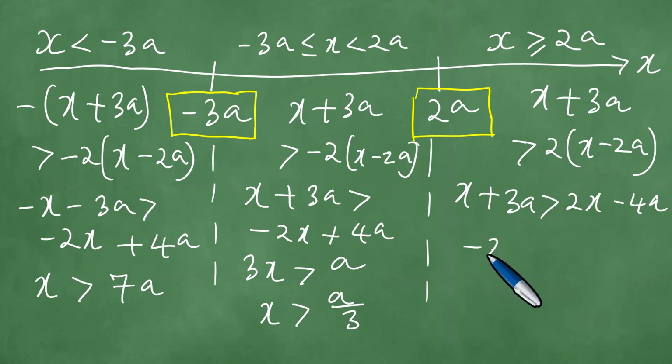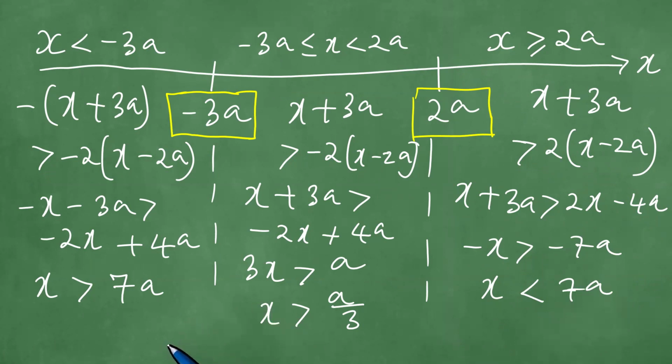Moving x and 4a gives minus x is bigger than minus 7a. Multiplying both sides by negative, we have x is less than 7a.